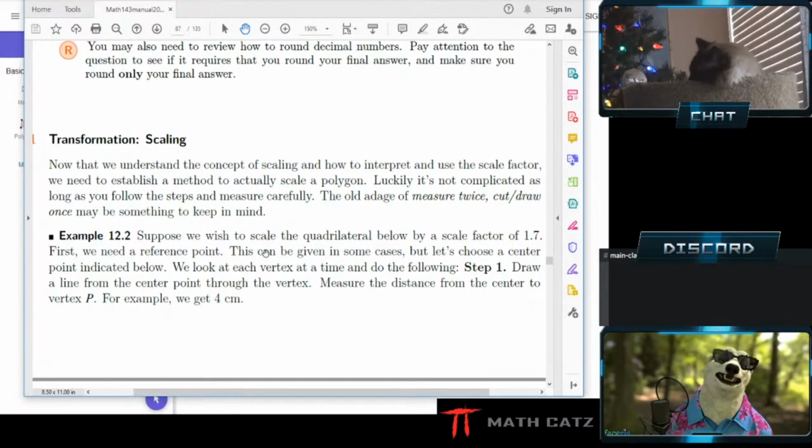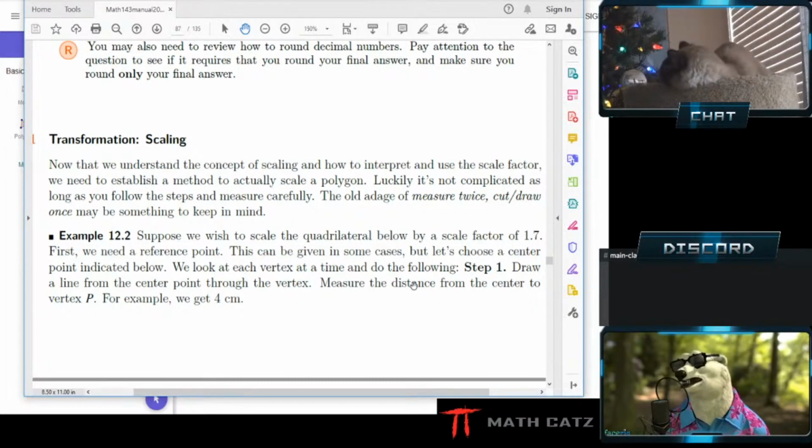Could be a quadrilateral, could be a triangle, whatever, doesn't matter. I'm going to do it a couple of times anyway, so let's pick a triangle. I want to scale it by a scale factor of 1.7. They have to tell me either the scale factor or the percentage. One way or another, it's the same thing. So in this case, I want to have a scale factor of 1.7.